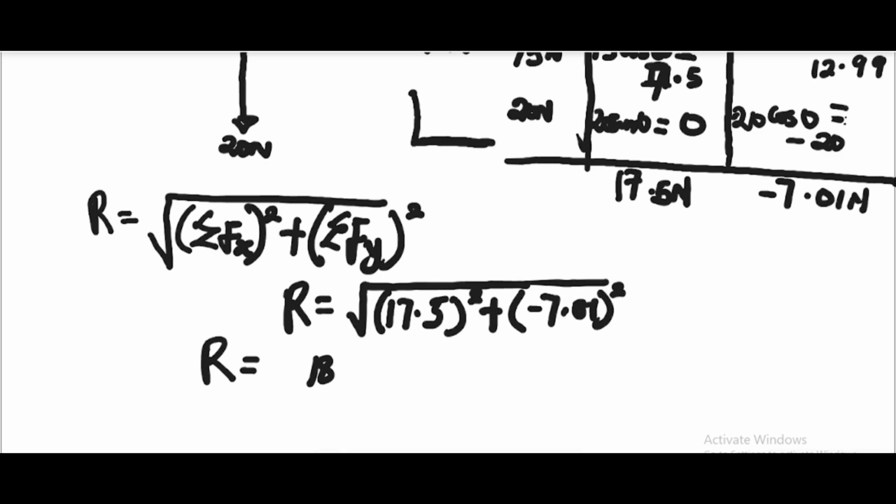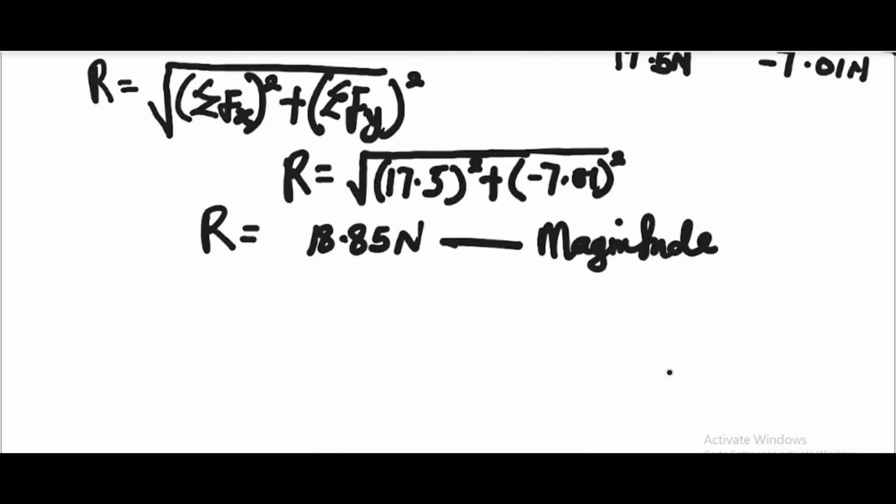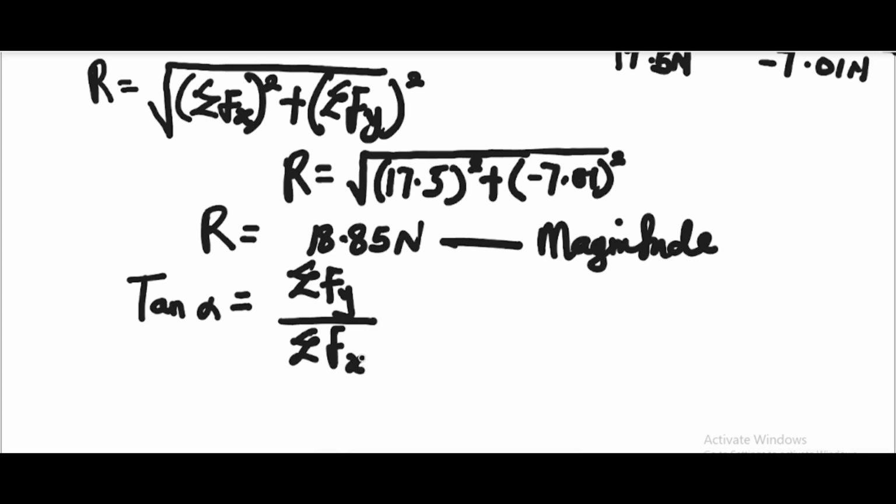To find the direction, remember what we said, we're going to have tan alpha equal to sum of forces in the y component over sum of forces in the x component.